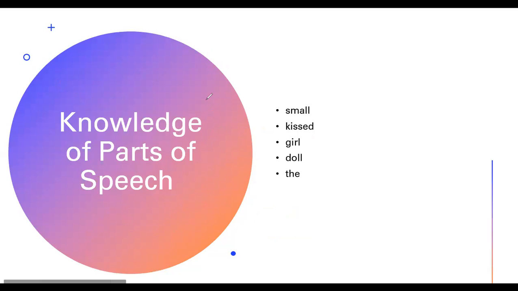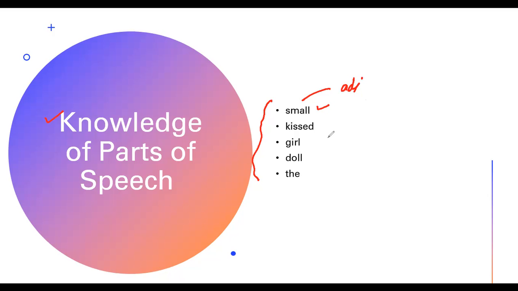Here you have to use your knowledge of parts of speech. For example, the words small, kissed, girl, doll, the. Which word class do they belong to? What is small? Is it a describing word? If it is, then it is an adjective.